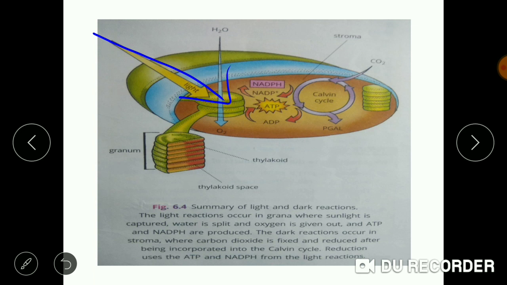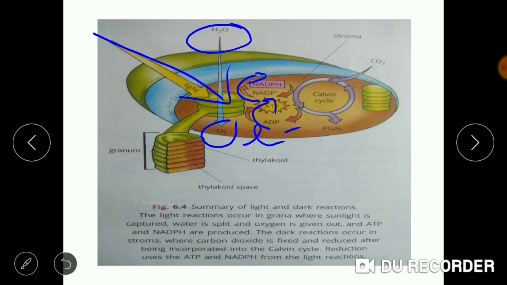The electrons are used in converting ADP to ATP. They also help in splitting up the water molecule into oxygen as well as hydrogen ion. This hydrogen ion helps in conversion of NADP into NADPH.